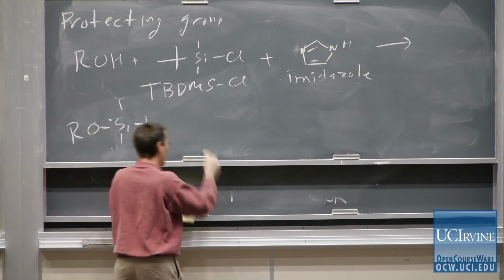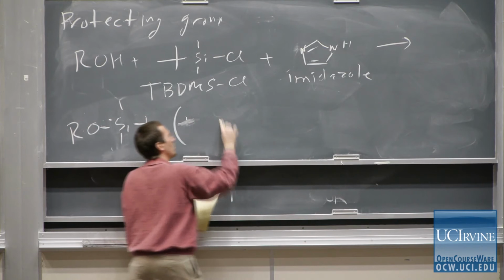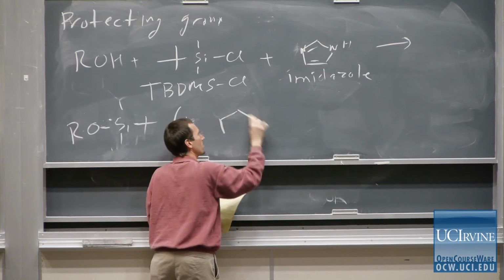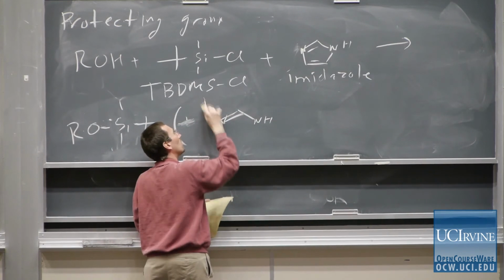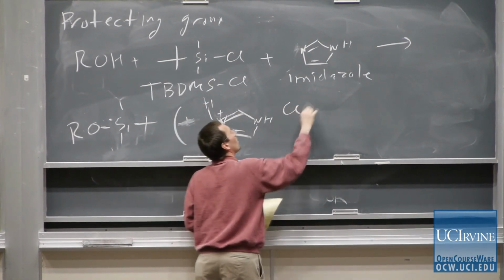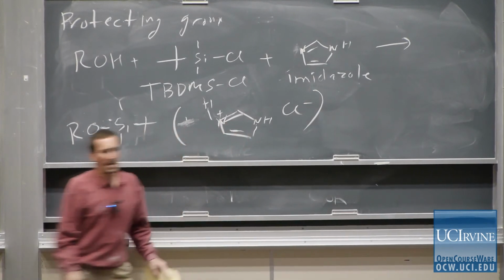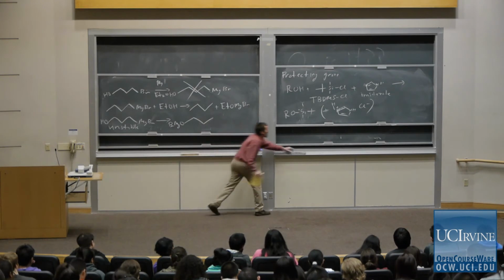And if you want to write a balanced equation, we'll also get protonated imidazole, the imidazole hydrochloride. But again, organic chemists typically don't pay attention to these byproducts of reaction.